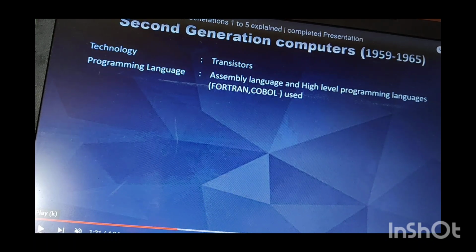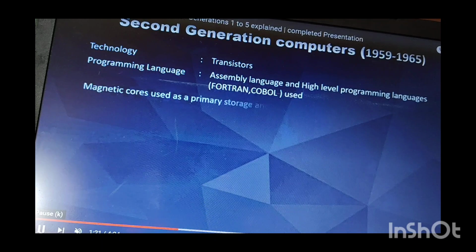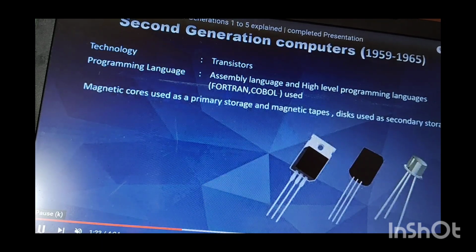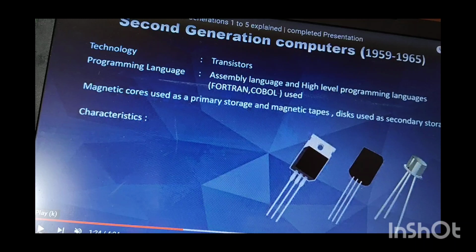The technology used was transistors. Magnetic cores were used as the primary storage device, and disks were used as the secondary storage device.